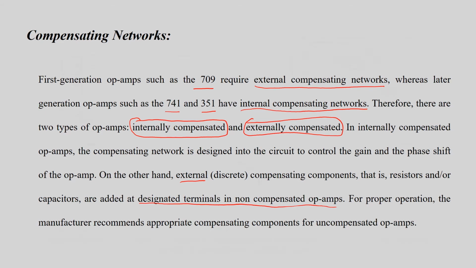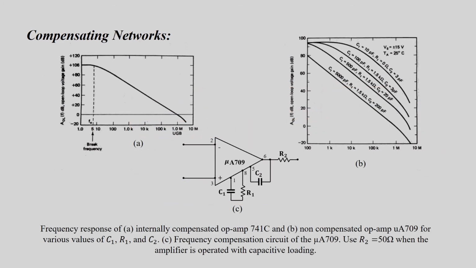So figure A shows the frequency response of an internally compensated OpAmp 741C. On the x-axis is the frequency variable, which is on a logarithmic scale, and on the y-axis is the open loop gain in decibels.